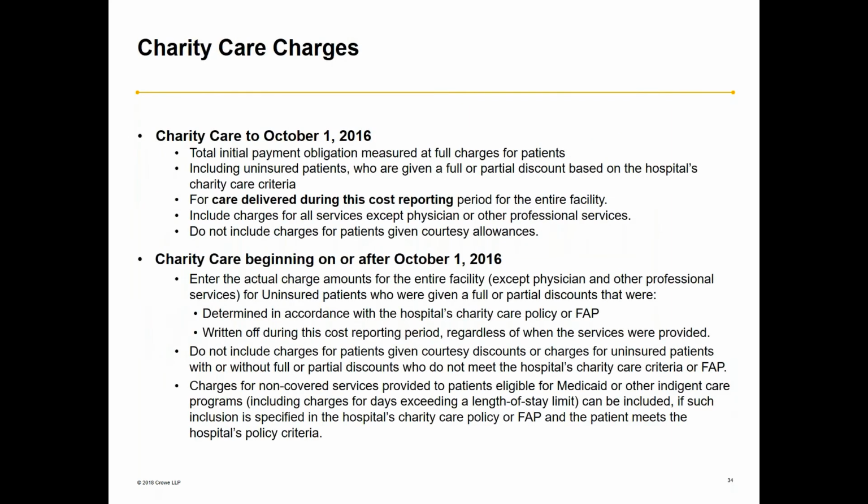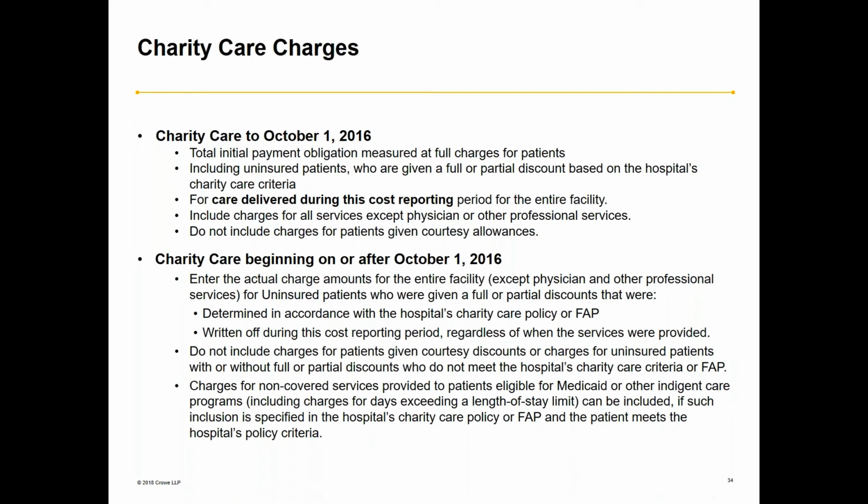One of the things that makes the charity care process a little more difficult is that, depending on the audits going on, there are a couple of different ways charity care was allowed to be reported. Before October 1st of 2016, the charity care would be for care delivered during the cost report period for the entire facility, so the charges that were written off and delivered during that period.